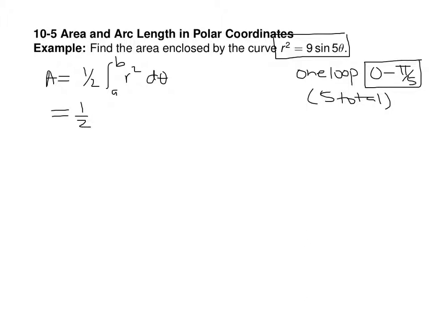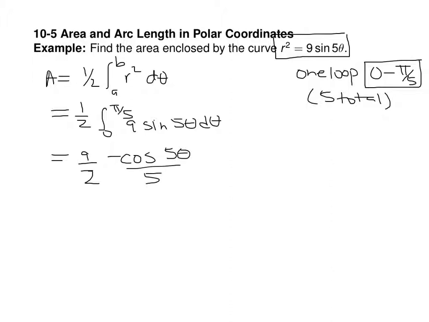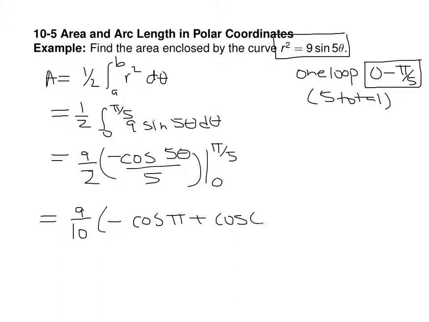We'll have 1/2 the integral from 0 to pi over 5 of 9 sine 5 theta d theta. So that's 9/2. The antiderivative of sine is negative cosine of 5 theta over 5, evaluated from 0 to pi over 5. So that will be 9 over 10 times negative cosine of pi plus cosine of 0.